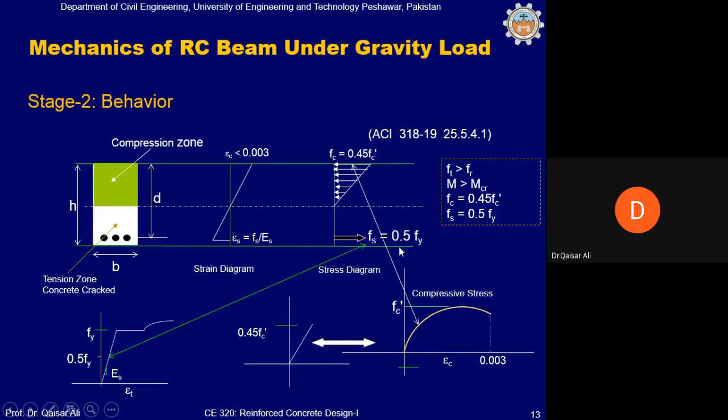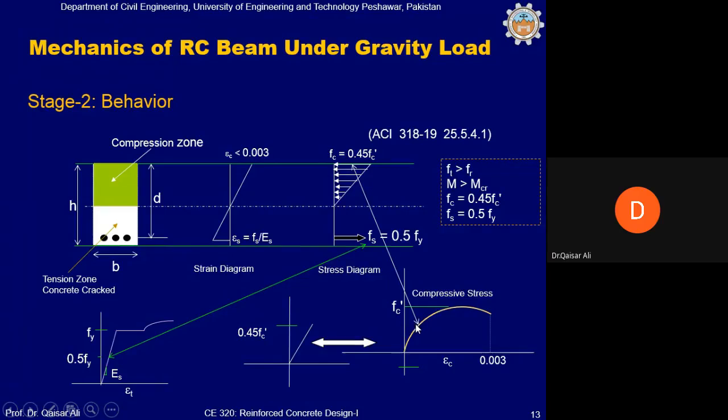If we now look at this stress diagram of concrete in the compression zone and compare it with the stress-strain diagram of concrete, we can see that the stress state in stage number 2 is such that fc is equal to 0.45 f'c. Since this is f'c, it is almost half of this, and we are at this stage.